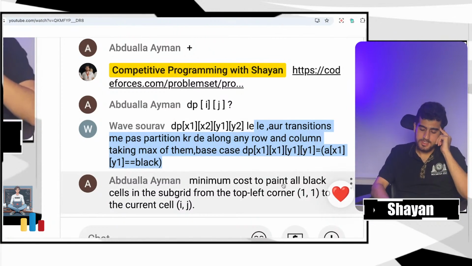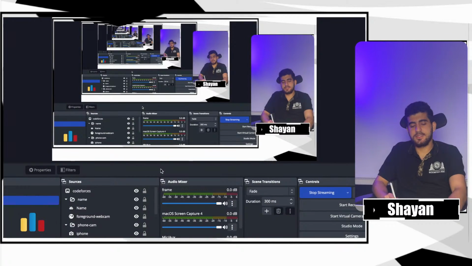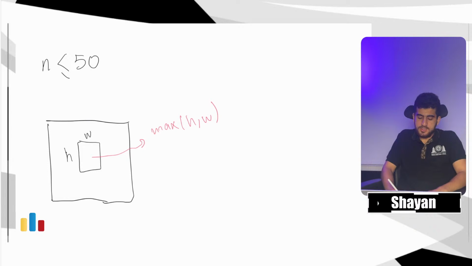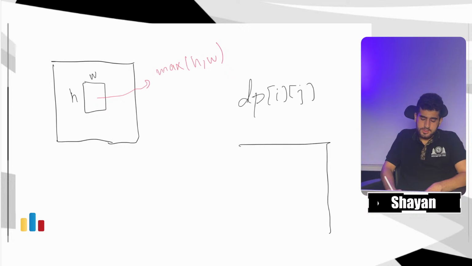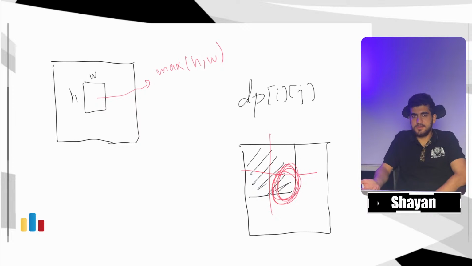Well, the point is that if you just define dp of i and j and solve it only for a subgrid that goes to i and j, maybe in future you need to have some more cuts, such that you're going to need something in the middle as well.